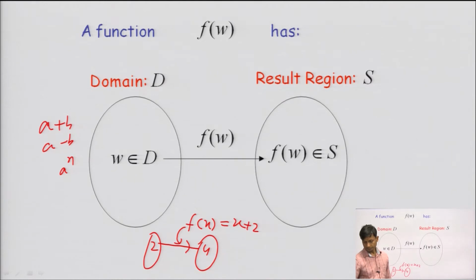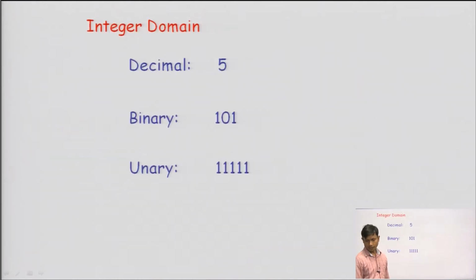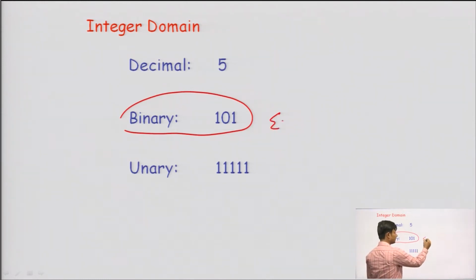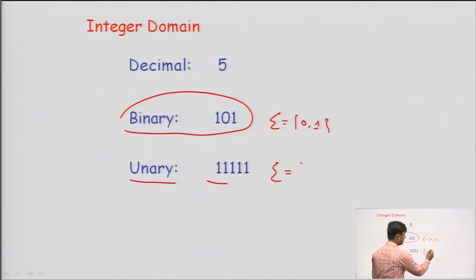Now we have to see how we go about that. Suppose this is a decimal number; here we can have binary input, meaning the input alphabet is 0 and 1. Unary input alphabet is only 1.